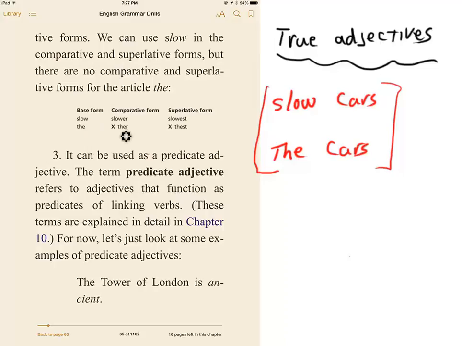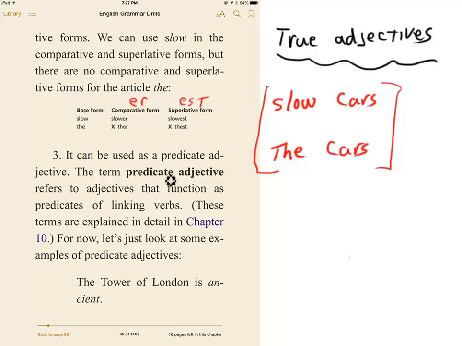You can't say "theer," it doesn't make sense, and you cannot say "theest." Those words don't exist, so you can see the X. So it does not have a comparative form, and it does not have a superlative form. Remember, a comparative form uses the ER. The superlative form uses the EST.